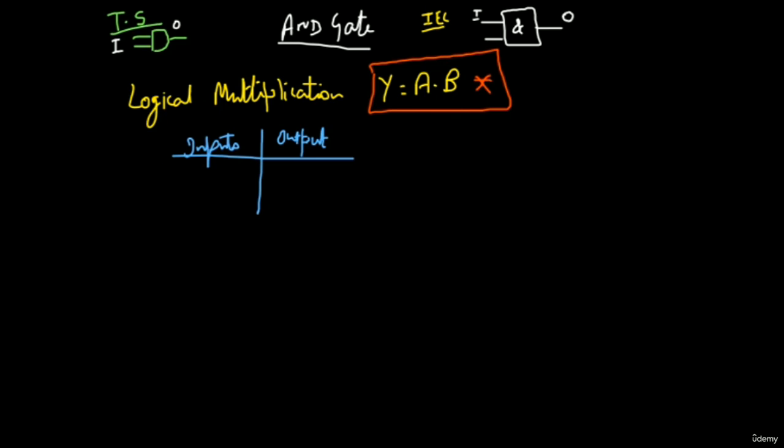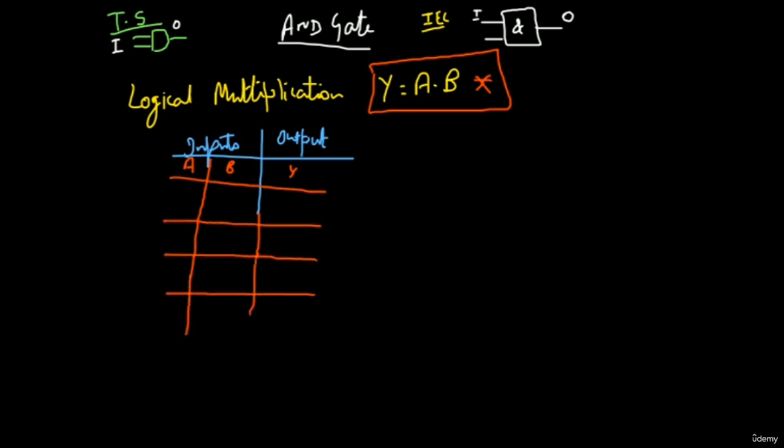So let's divide it into two parts where we have A, B and Y, so that we can also relate it with our formula part. Okay, so what can be the possible result for that? Let's see. So here we have 0 0, both are off, one is off, one is on, one is on, one is off, and both are on.